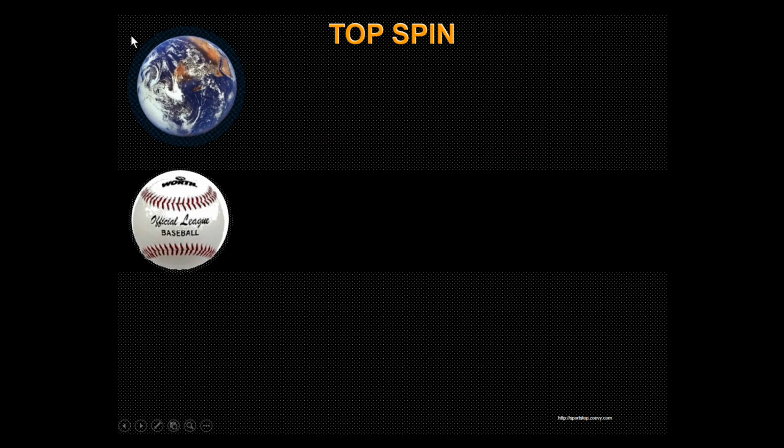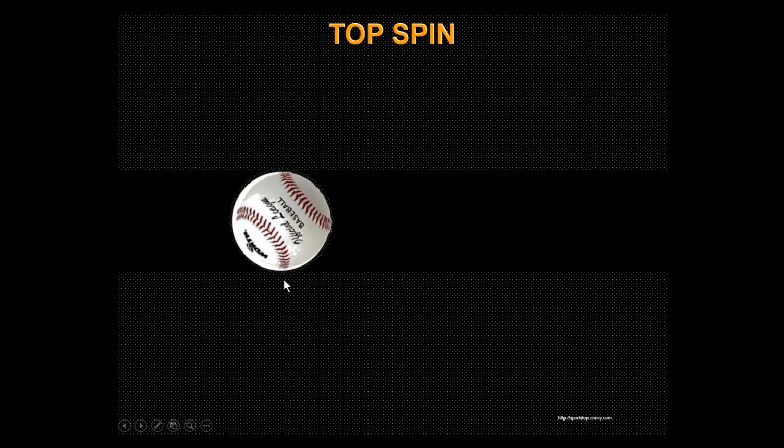Just like when Earth rotates, there is air that is trapped against the surface of the Earth that rotates with it. So if the ball is rough, it's going to kind of capture air with it, and it will rotate with it.